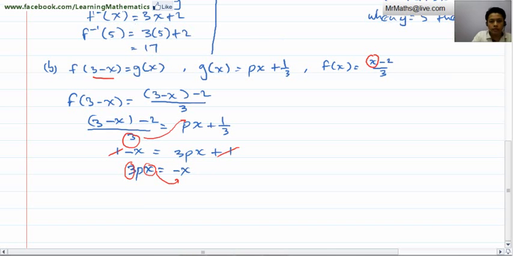What will happen? Then p is equal to minus 1 over 3, because x and x actually cancel each other. So p is equal to minus 1 over 3.